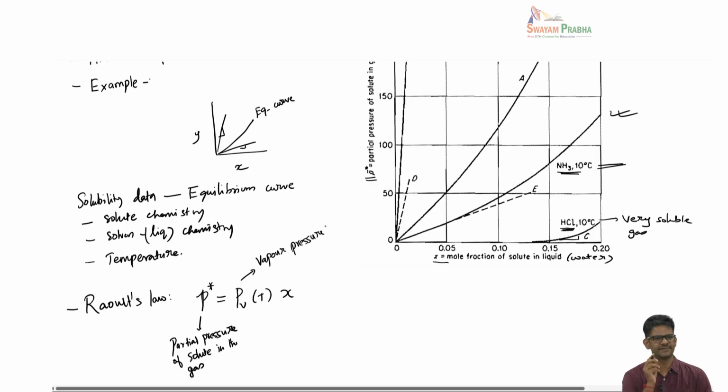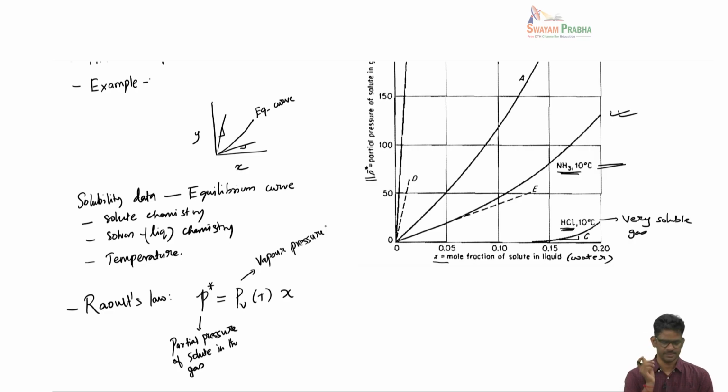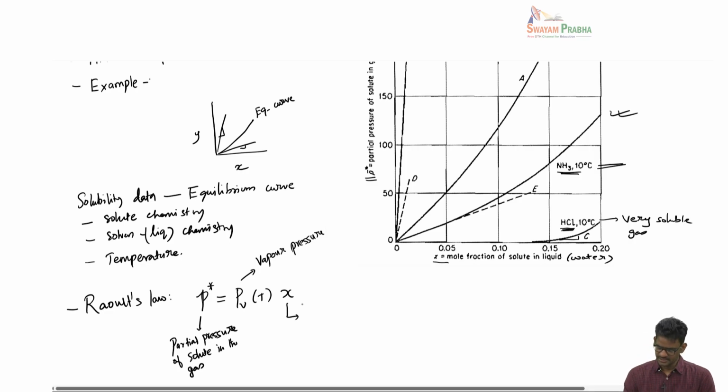Vapor pressure data is available as a function of temperature using the Antoine equation or many other models, and x here is the mole fraction of the solute in the liquid phase.